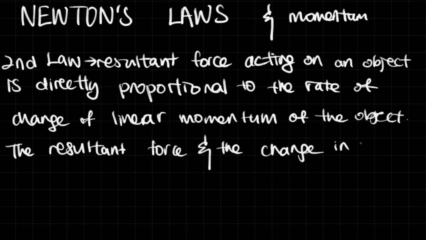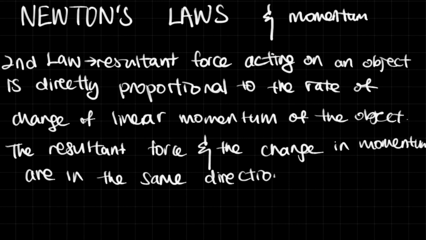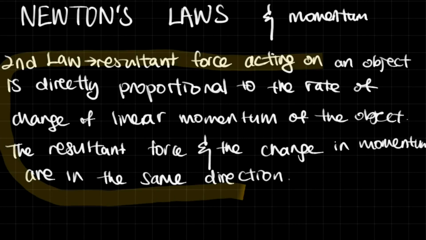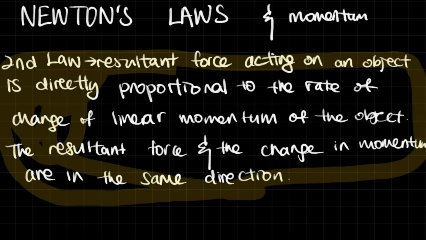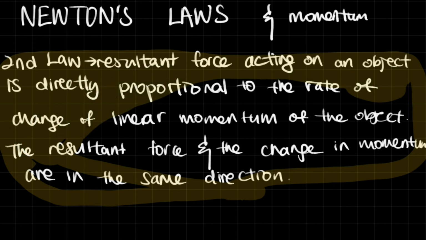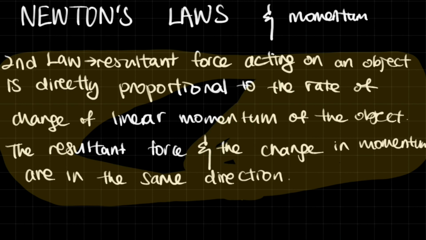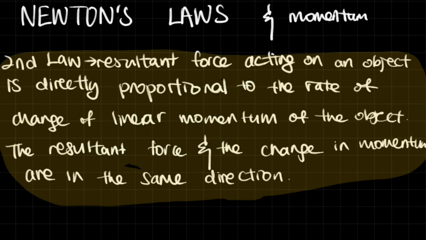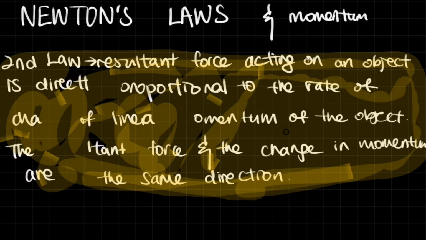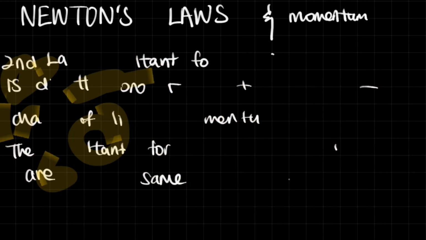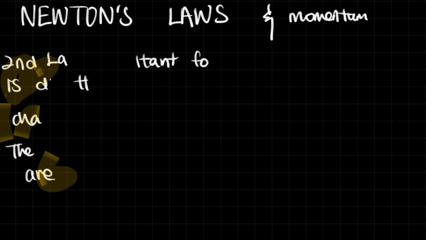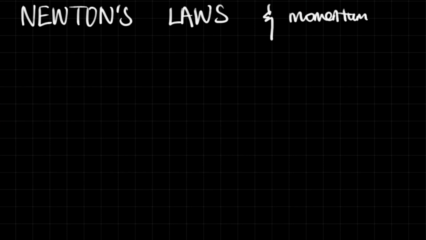What it tells us is that the resultant force acting on an object is directly proportional to the rate of change of the linear momentum of that object, and also that the resultant force and the change in momentum are in the exact same direction. What that means is that when a resultant force acts on an object, the rate of change of momentum that the object will get because of it is literally equal to the resultant force, and it's also in the same direction.